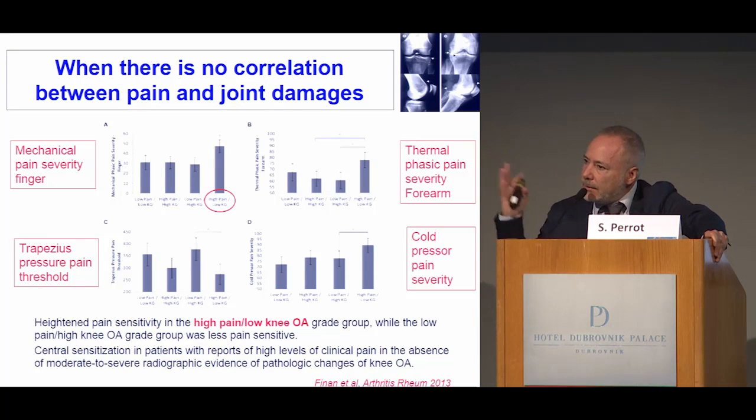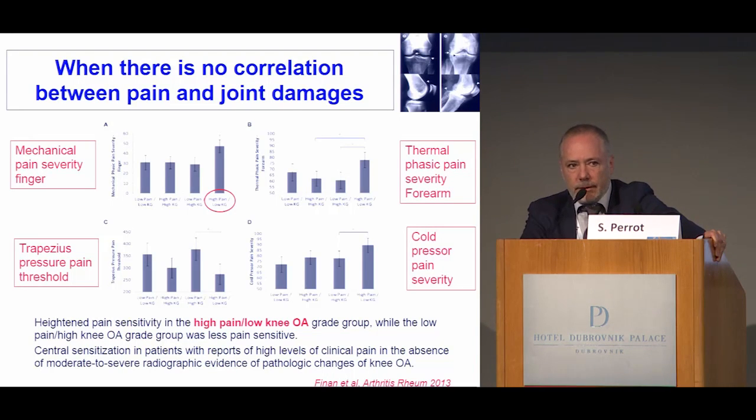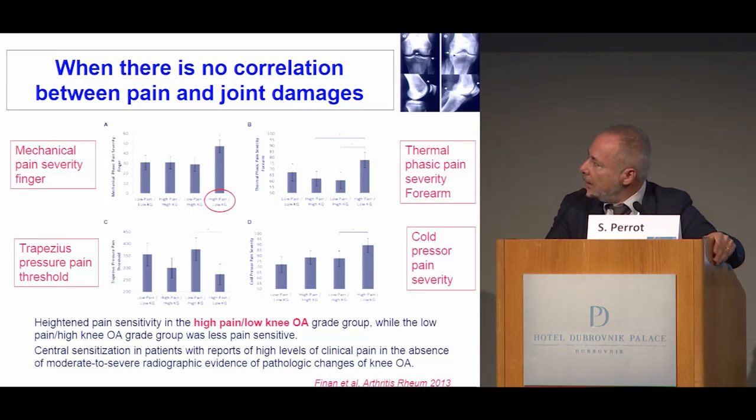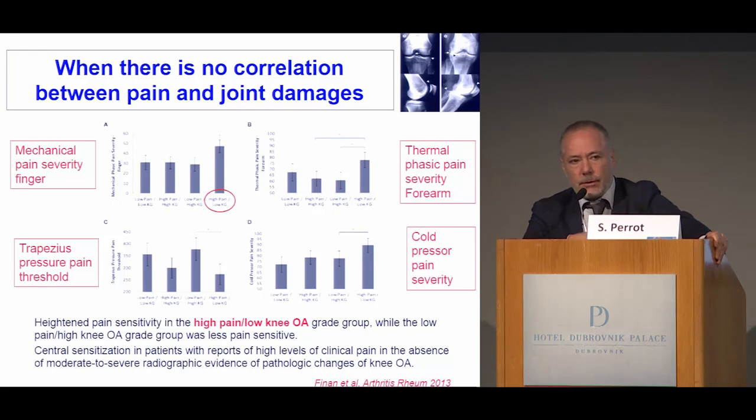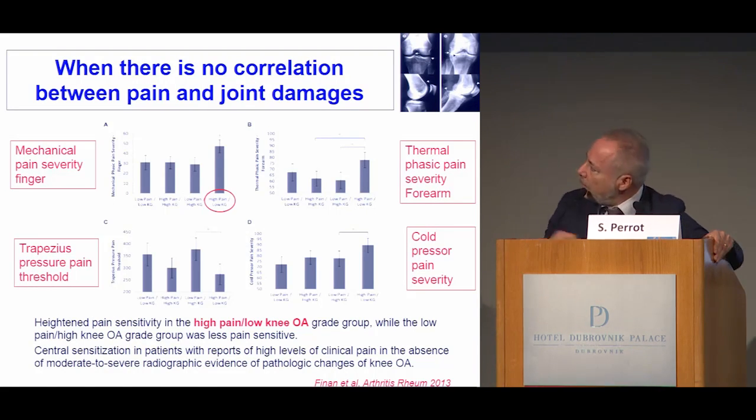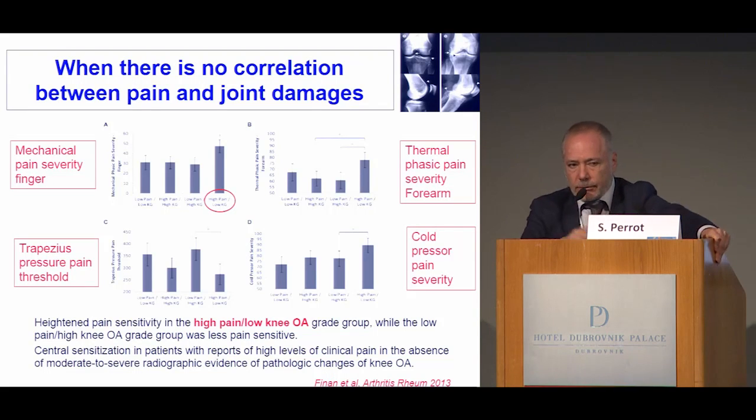And you can see they tested the central sensitivity in these patients with mechanical thresholds, thermal thresholds, cold thresholds, and they were able to demonstrate that in the group with high pain, low damage, that is the last group, sorry.